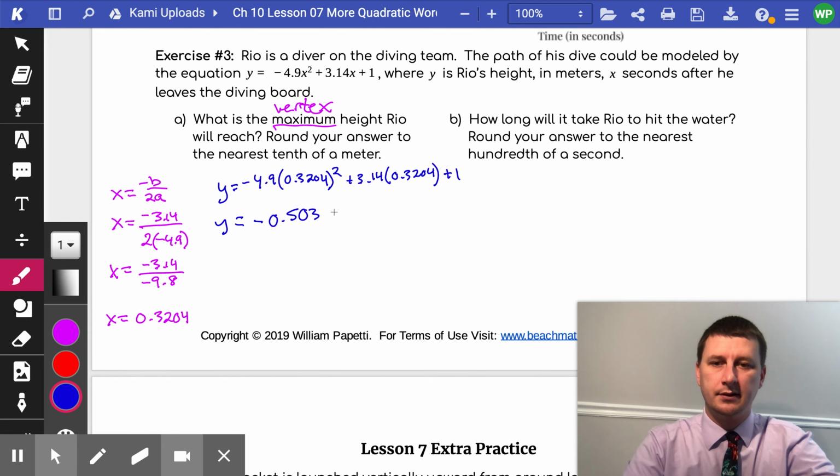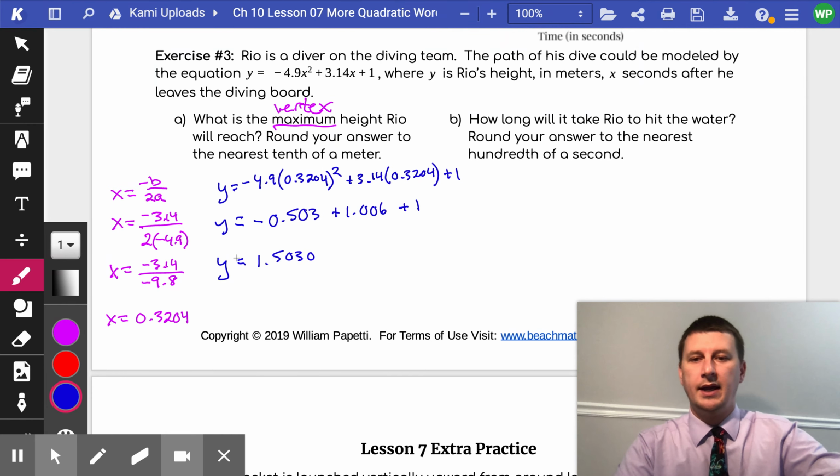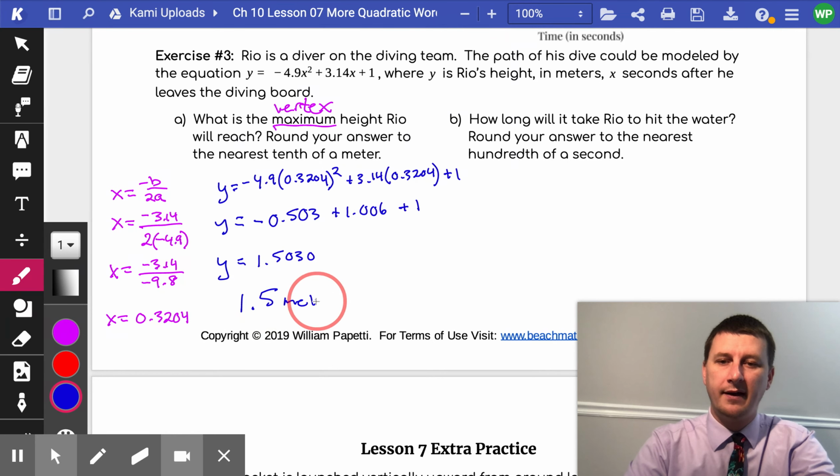And we'll get plus 1.006 and plus 1. And then we're going to add all these together. And our solution is going to look like 1.5030. And again, it just wanted the nearest tenth of a meter. So the maximum height that Rio will reach is 1.5 meters in the air.